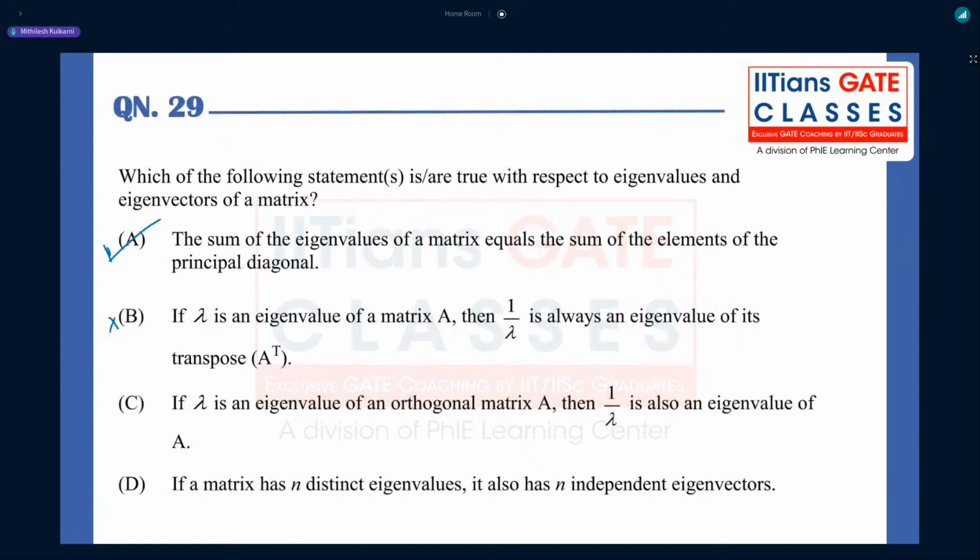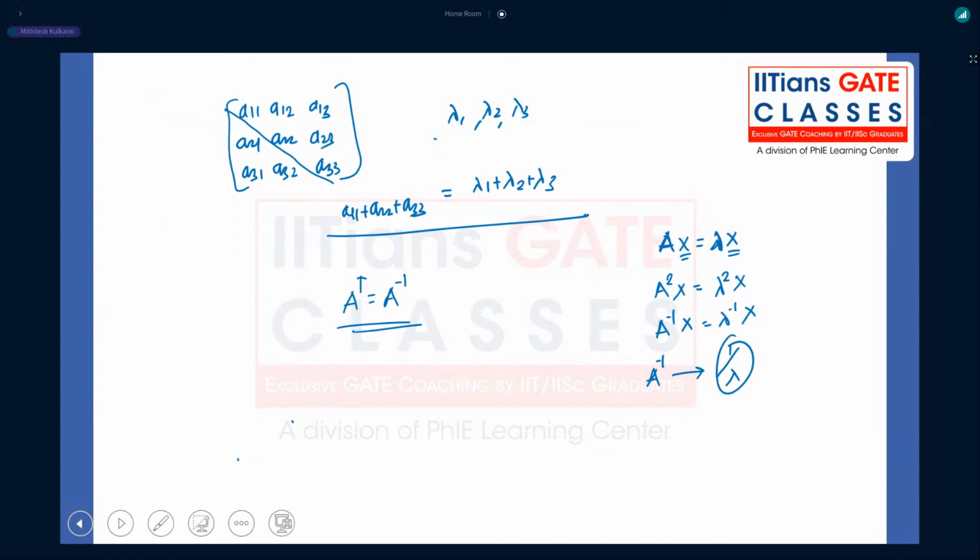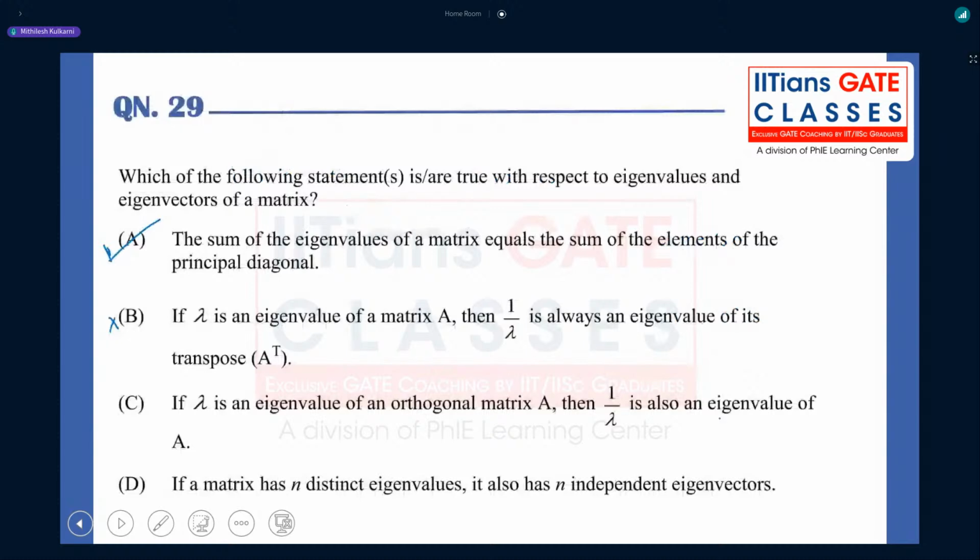So that statement is incorrect. Rather than orthogonal, if they had said symmetric matrix, still the answer would be wrong.